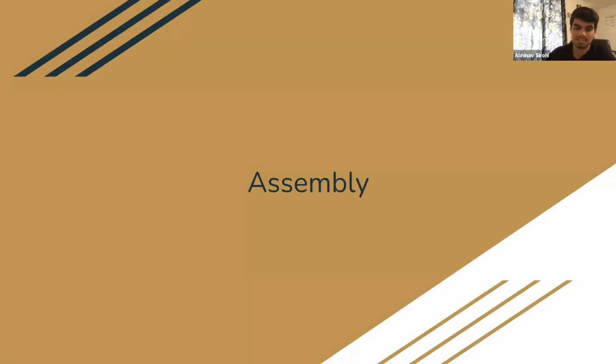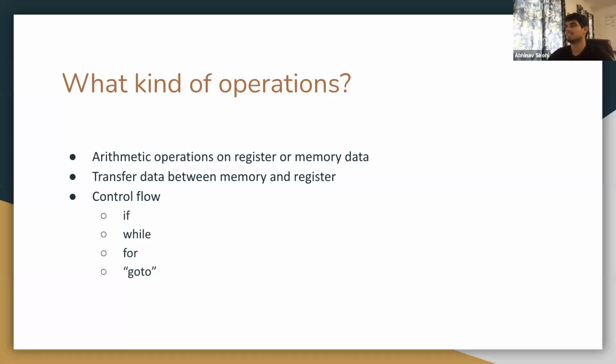Let's get started with assembly then. We went over this last time, which kind of operators you have offered in assembly. You could perform operations on register or memory data, and you could transfer data between your main memory and the register.